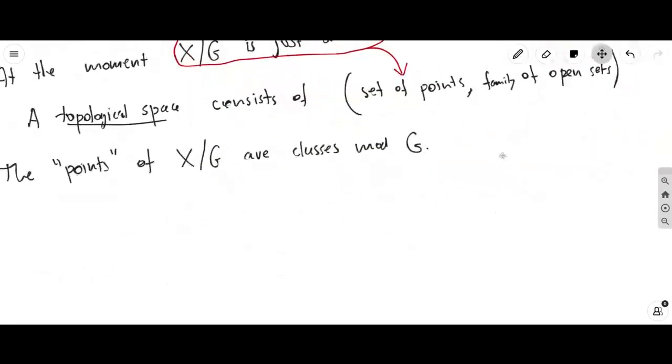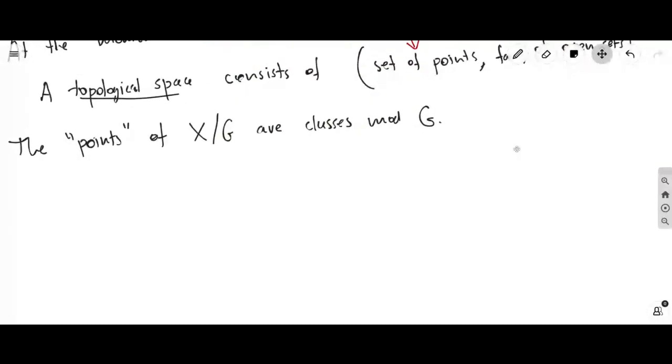And now we have to define what it means to be an open set. So I guess this is the one instance in this course where it's not convenient to confine yourself only to Euclidean space, because what we're about to do, as you can see by looking at the quotient, you're no longer getting points in Euclidean space. You're getting something that's a little bit more abstract.